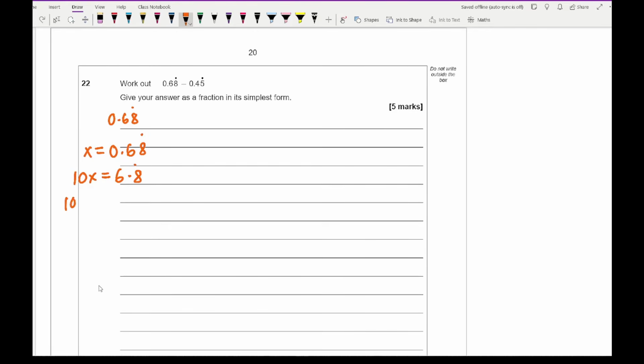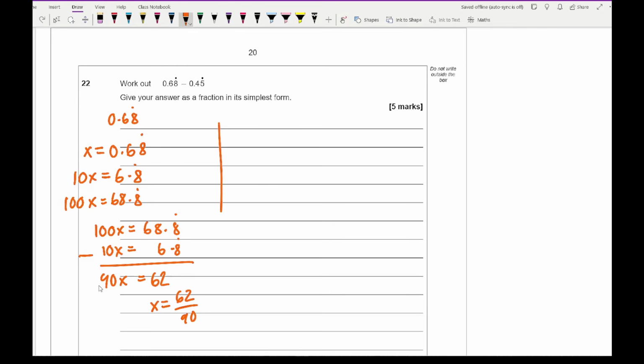I then multiply by another 10, so I get 68.8 recurring. So then if I do 100x, which is 68.8 recurring, and 10x, which is 6.8 recurring, I take the two things away, so I get 90x equals 68 take away 6, which is 62, so x equals 62 over 90. I'm going to leave it as that for the time being.